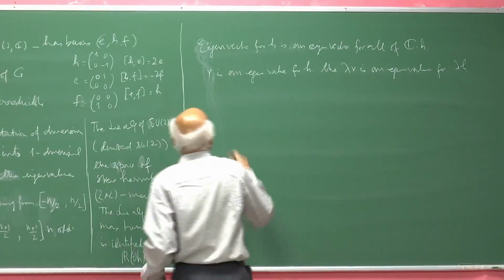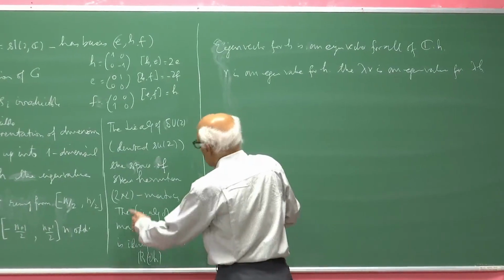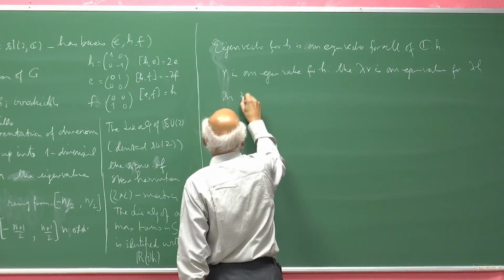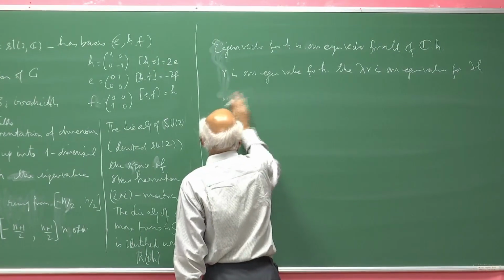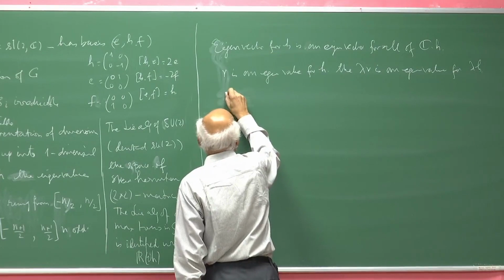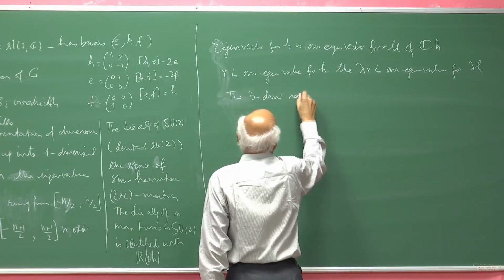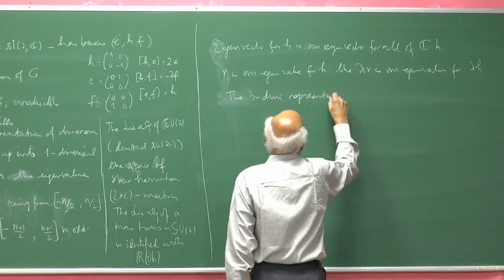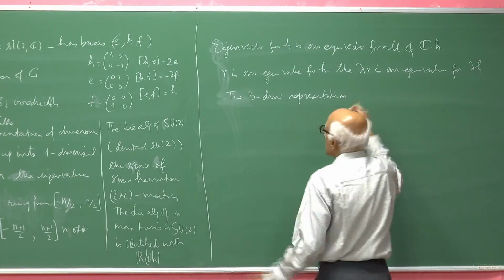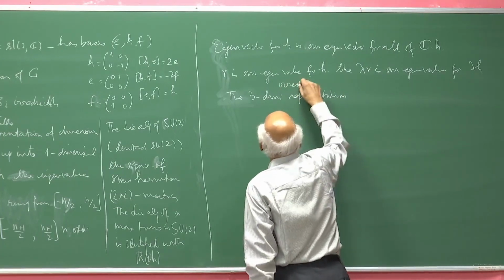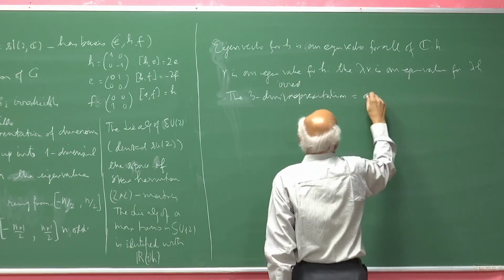Now look at the three-dimensional representation. The three-dimensional representation is the adjoint representation. There is only one three-dimensional irreducible representation, and it is the adjoint representation.